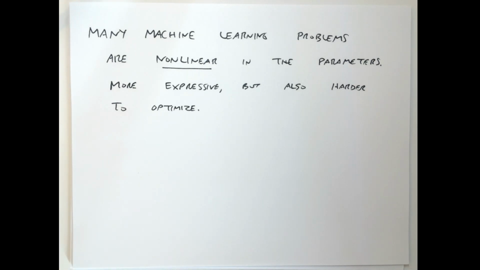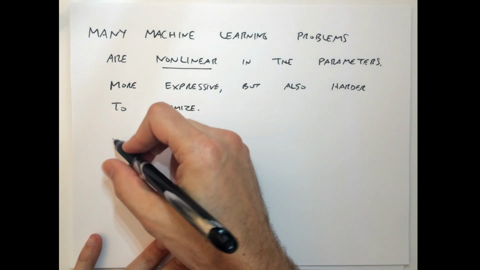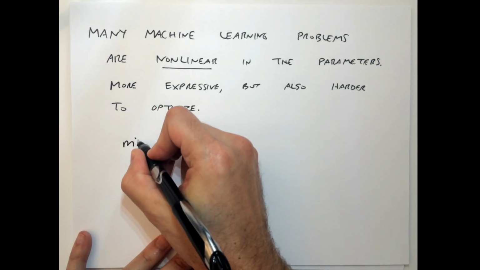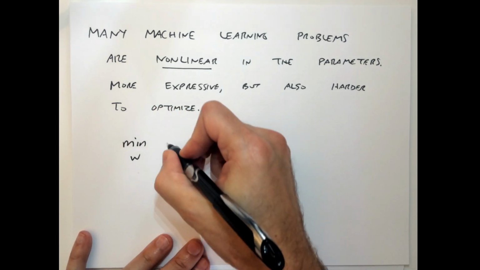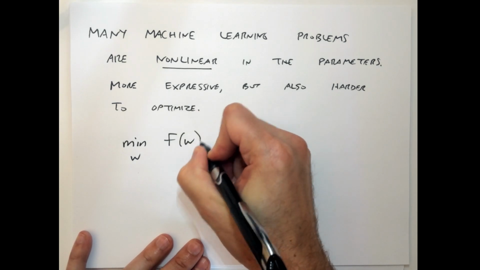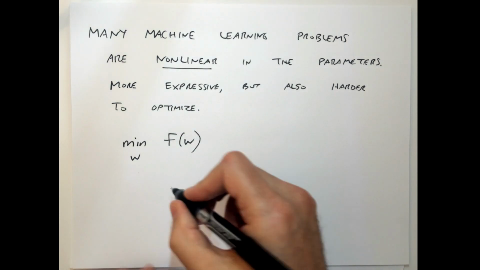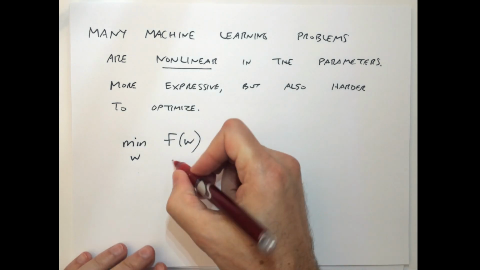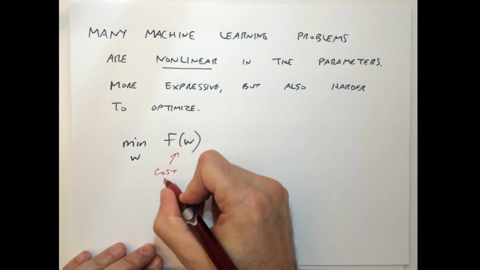So our more general problem may look something like this. I have the minimum over all my possible parameters W of some cost function, right? So we still have what we would call the cost function.